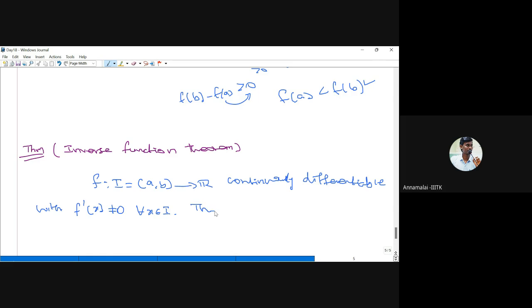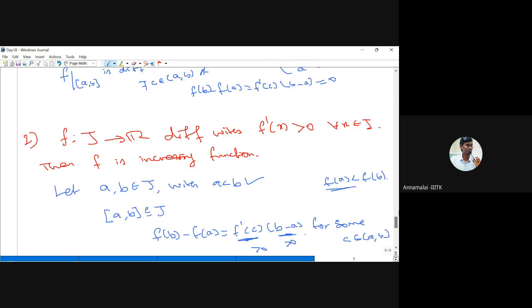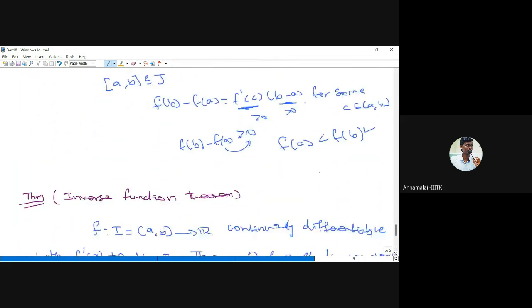Then, first thing, f is strictly monotone, either increasing or decreasing, because non-zero means either positive or negative. That is the first thing: f is strictly monotone.